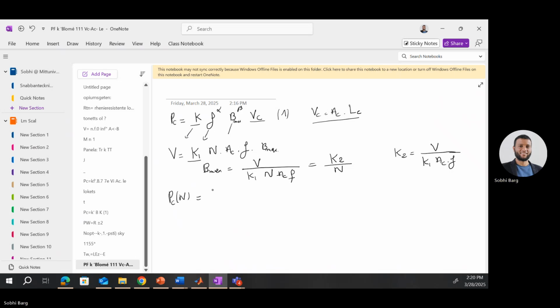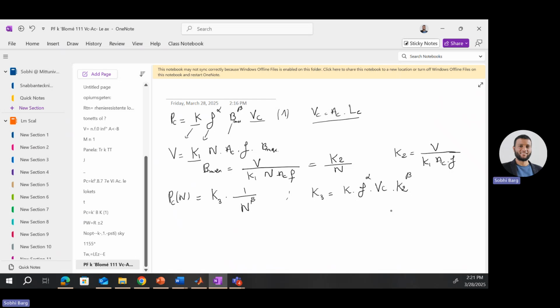It's equal to a constant, I will denote it K3, times 1 over n to the power of beta. And K3 is equal to K times f to the power of alpha times the volume, multiplied by K2, which is a function of the voltage, the core cross-section and the frequency, but it should be K2 to the power of beta also.